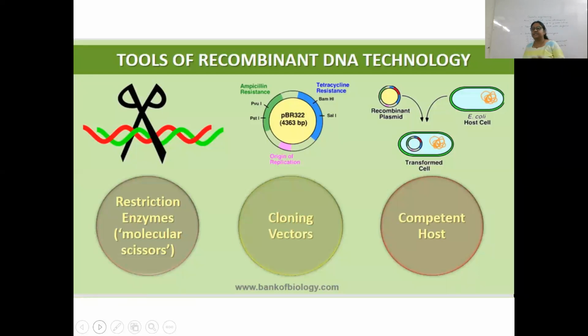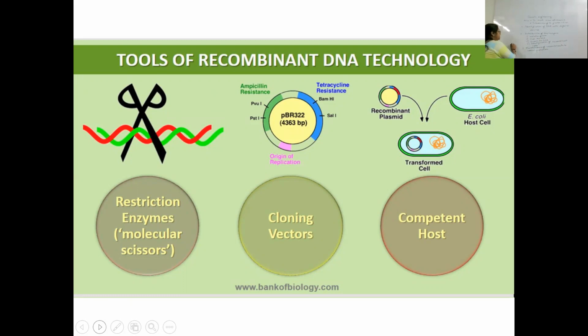While I was describing the steps of recombinant DNA technology, I told you that we need to cut DNA with the same size of scissors we have. That is the molecular scissor. It is known as restriction endonuclease. So what are these molecular scissors or restriction endonucleases?